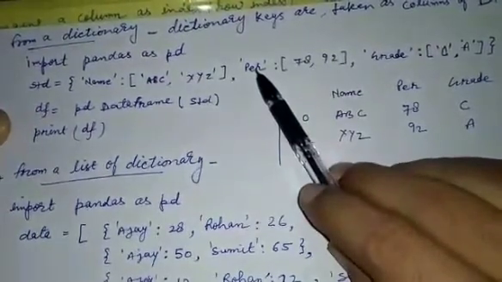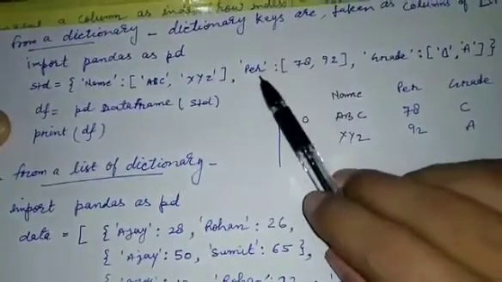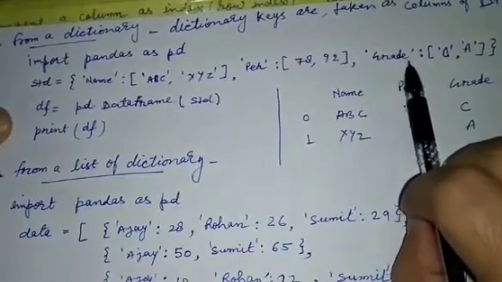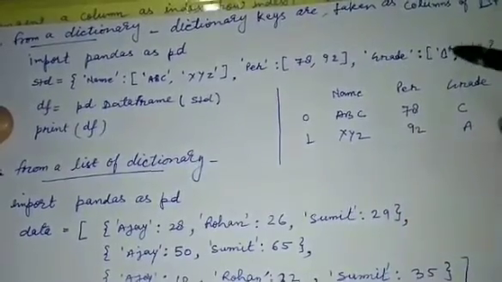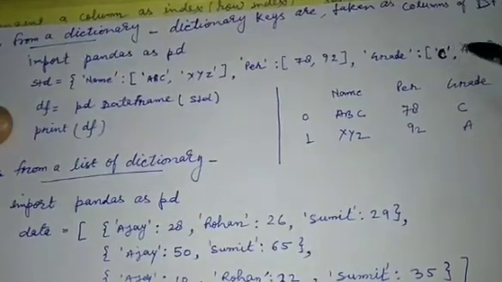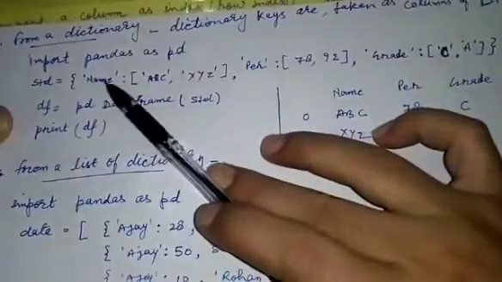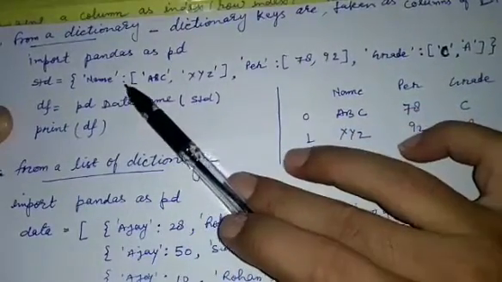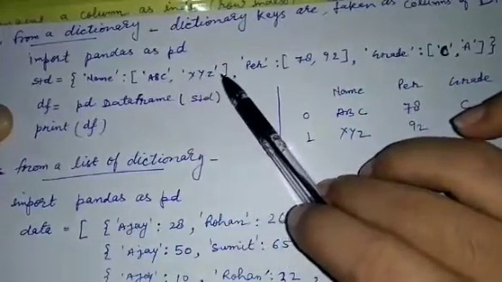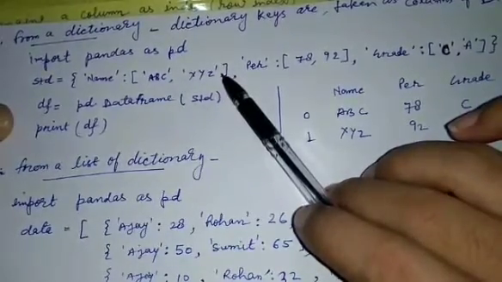This will work as the heading for the column and these will work as the values of this column. Next is grade, the third key, and its values are C and A. So this is a dictionary having keys and the values given as lists. You can add as many elements in this list as you want in your data frame as the column values.